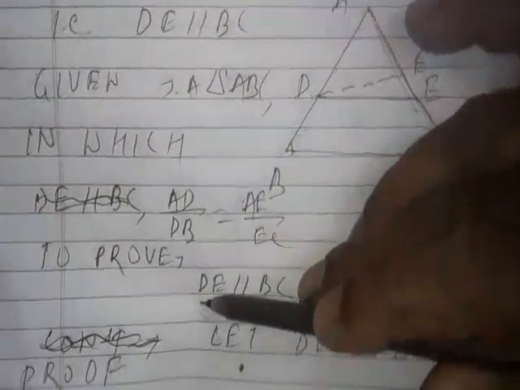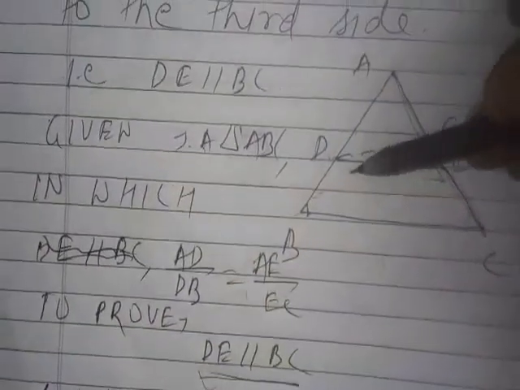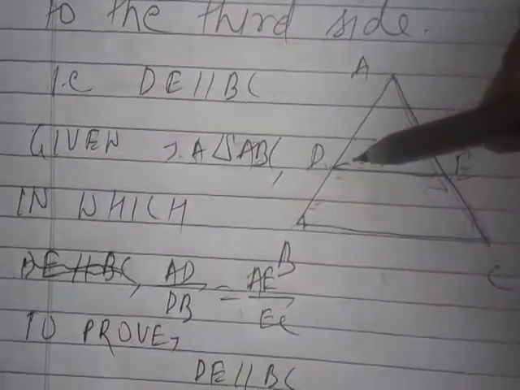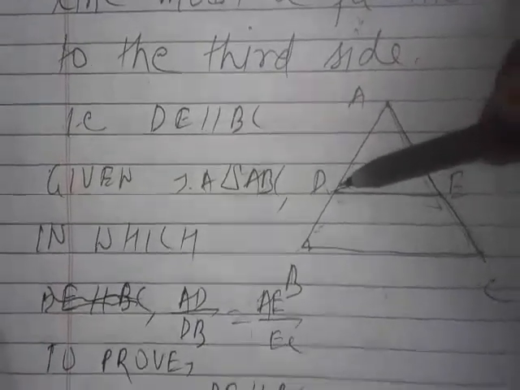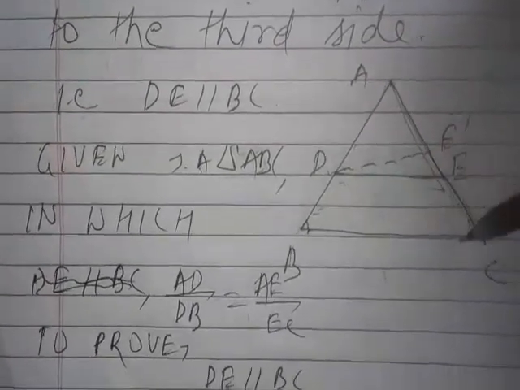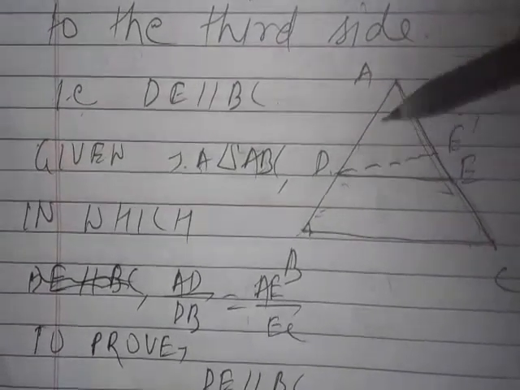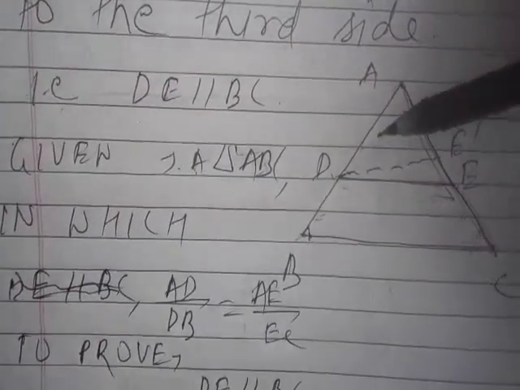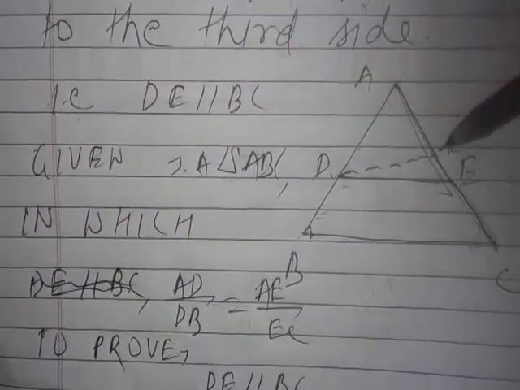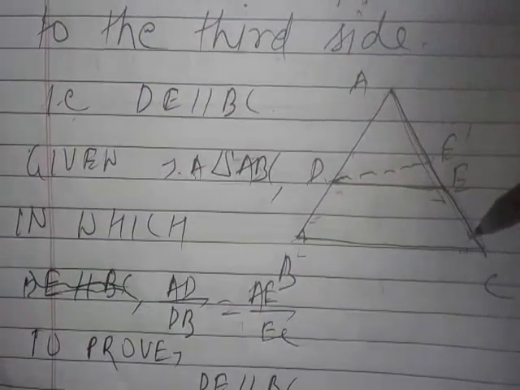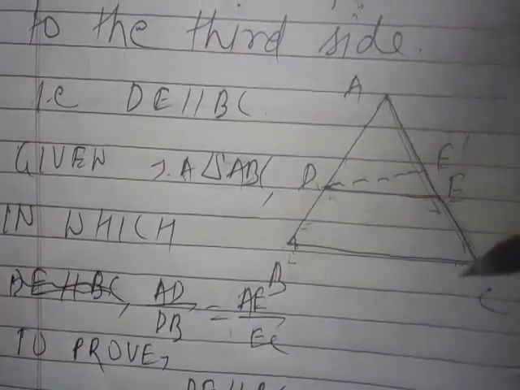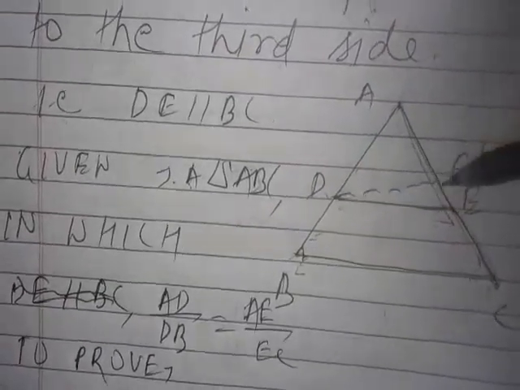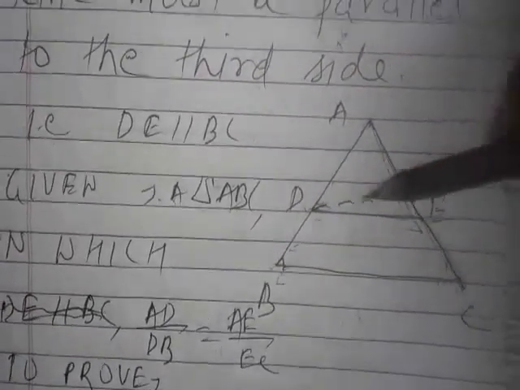Now, how will we prove it? We will assume that some line segment DE dash is parallel to BC. Now, in triangle ABC, DE dash is the line segment we have assumed parallel to BC.